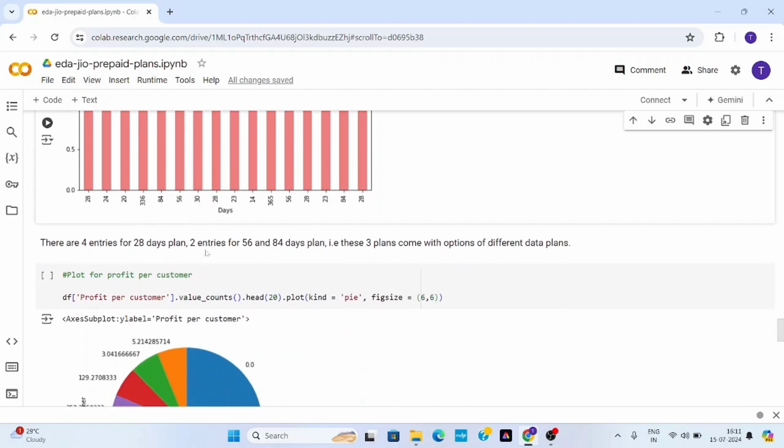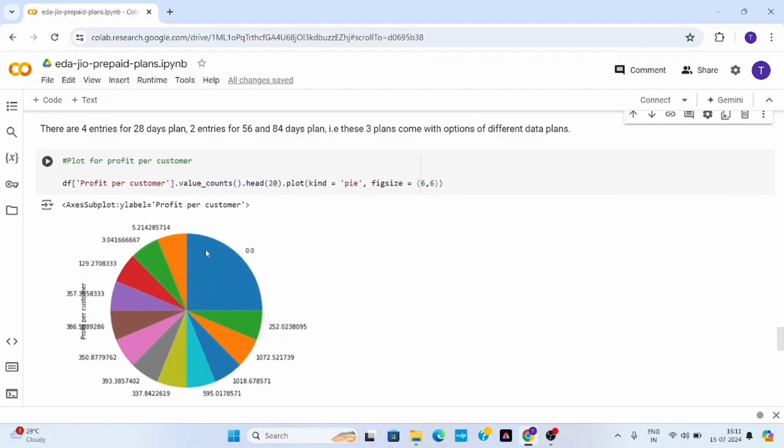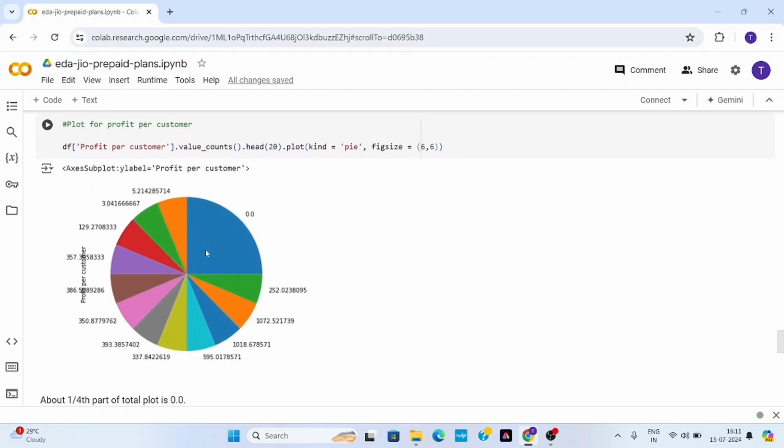Next, profit per customer, for how much profit the Jio company is getting. Around 25% of customers are not providing any profit for Jio. It means Jio has no profit from 25% of its customers, but around 75% of customers are providing profit for Jio.